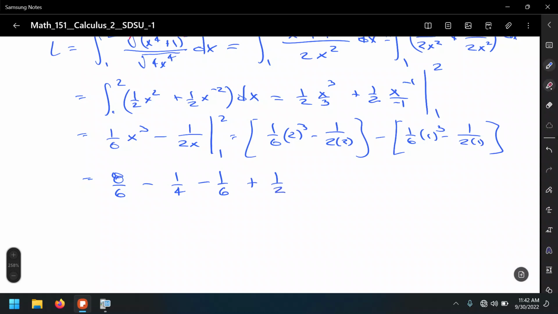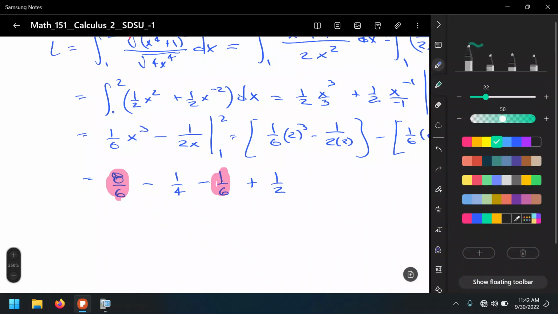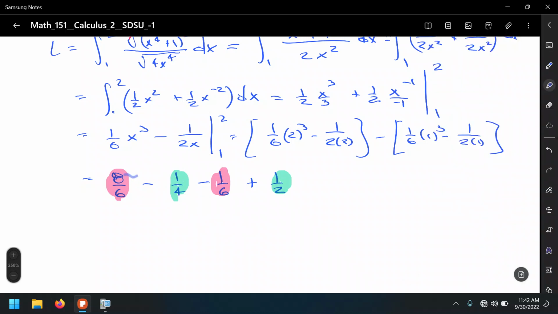Alright, so let's combine sixths with sixths and fourths with fourths. So 8 minus 1 is 7 over 6, and we have a half, take away a quarter, 1/4.